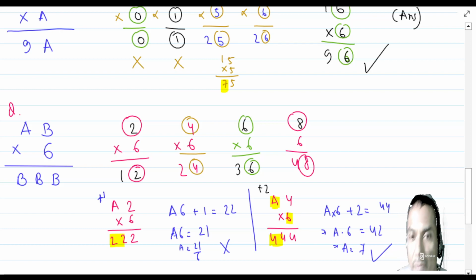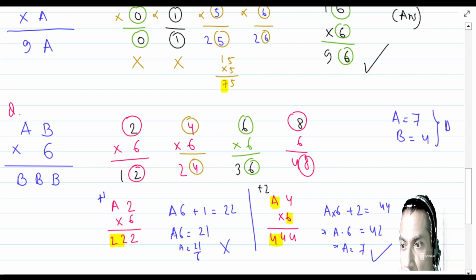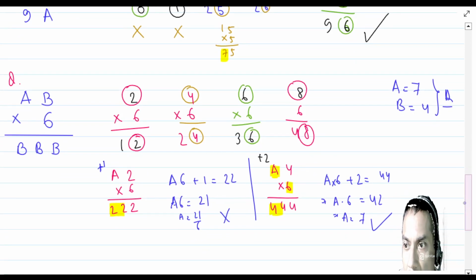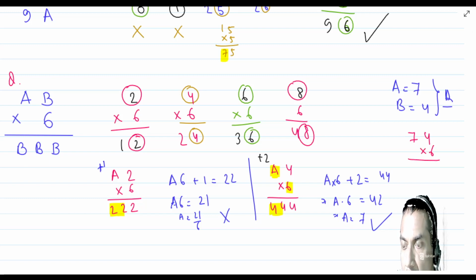So we get final answer, that is A is 7 and B is equal to what? B is equal to 4. So this is the answer. And if we put the value, let's check it. If we put A is equal to 7 and B is equal to 4, it is 6 times 74 equals 444.